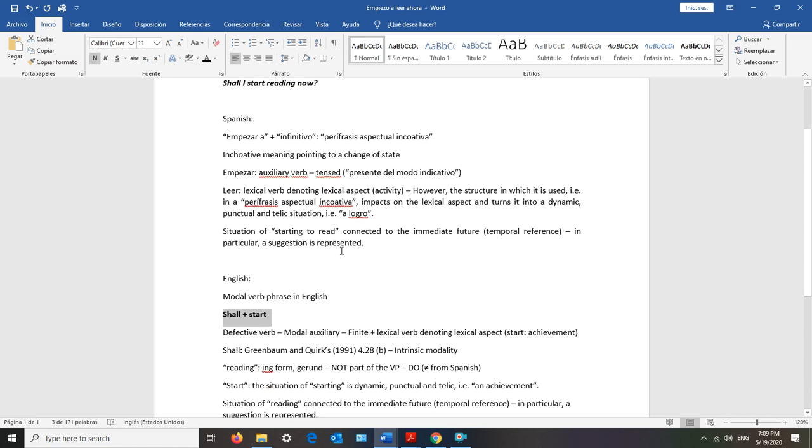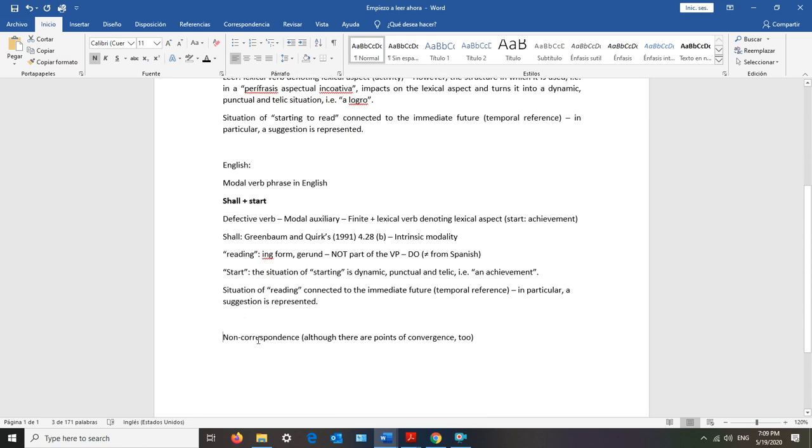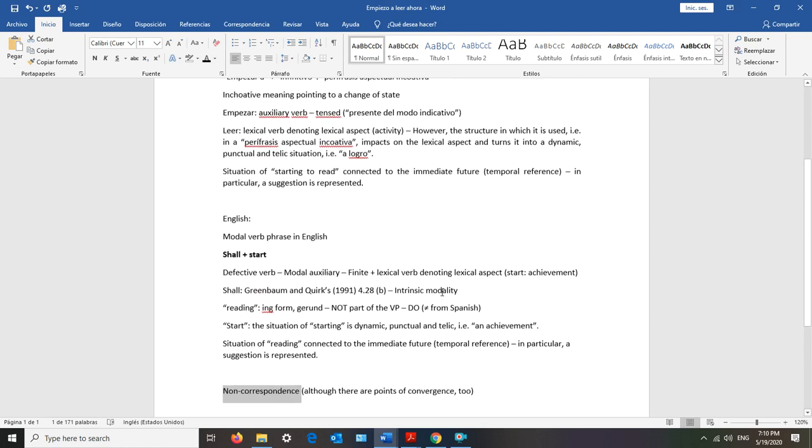The situation of a suggestion, right? But I would say that the non-correspondence is, I think, more obvious than the points of convergence. You can always admit to the existence of both non-correspondence and correspondence or convergence, so long as you back up your analysis.